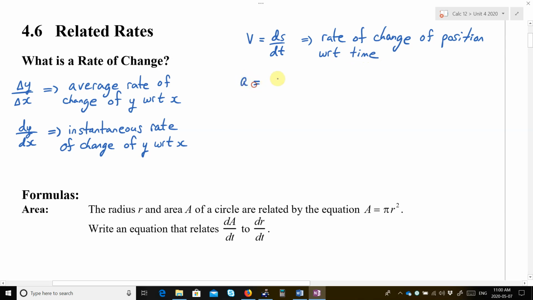And we could do acceleration, which was dv by dt, which is the rate of change of velocity with respect to time.